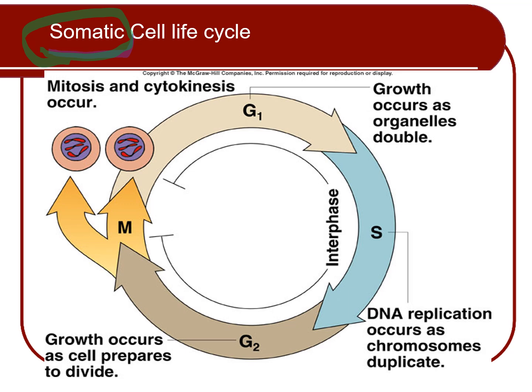So what we're talking about today is somatic cells, which are all your cells except for sperm and egg cells. And so this is how you grow. You start off as one cell, and then you go through this cell cycle and you make new cells.